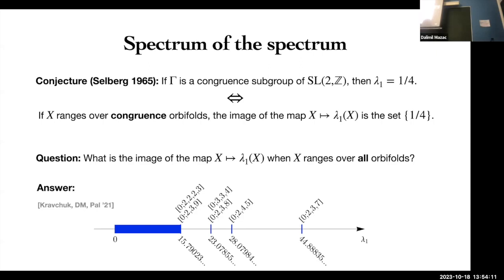Then there are 2 more discrete points corresponding to other types of triangles, 245, 238, and 334. There are actually 2 different triangles, one covering the other one, sitting here. And then there's a continuum starting at 15.79, going all the way to 0, which is where you find the first topological type that has a modulus. The first one that has a modulus is the sphere with 4 punctures, right?